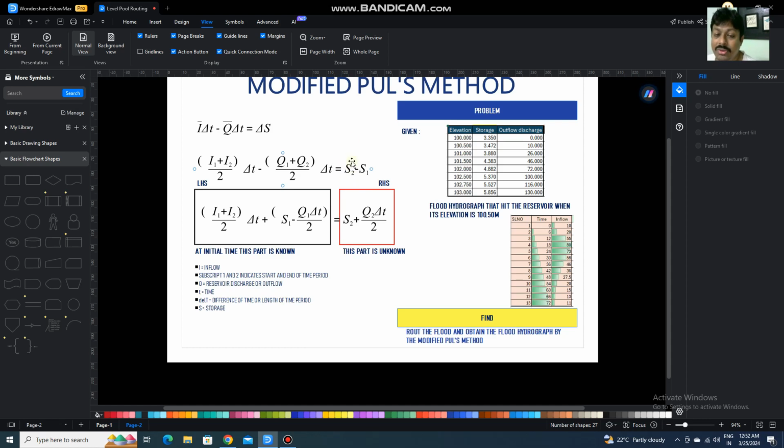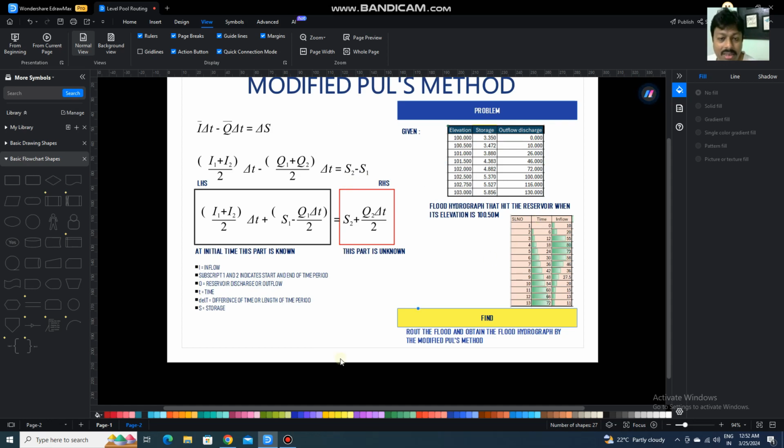So S2 is the storage at 4 pm, S1 is the storage at 10 am. So within this time period, the storage at the finishing time is S2, at the initial time S1. The difference between them is the change of storage. And why does this change of storage happen? Due to that flood coming inside the reservoir.